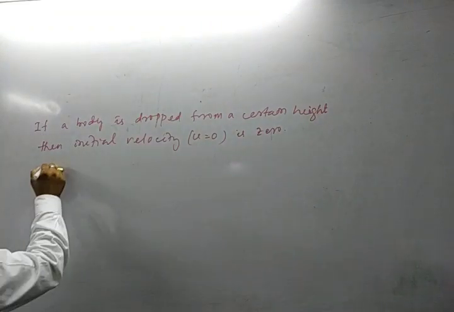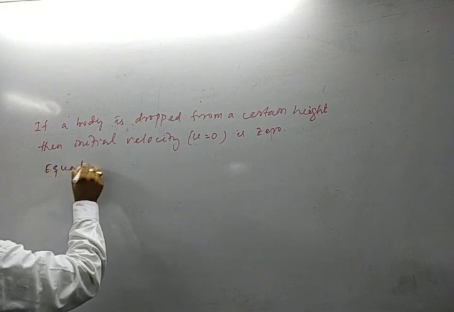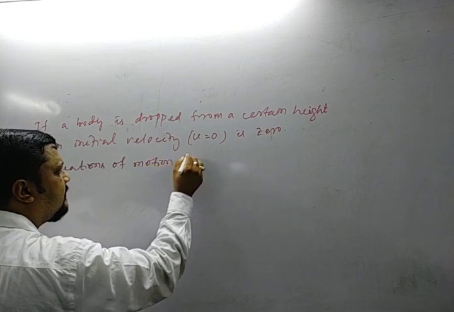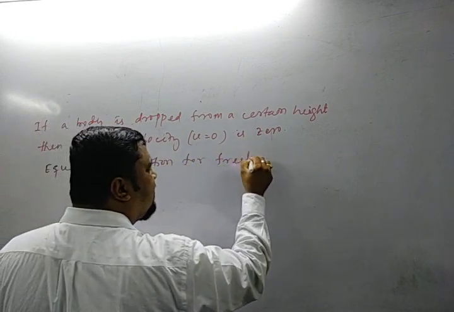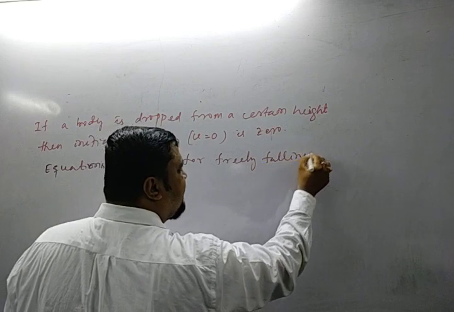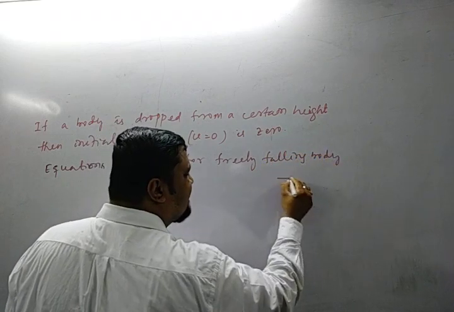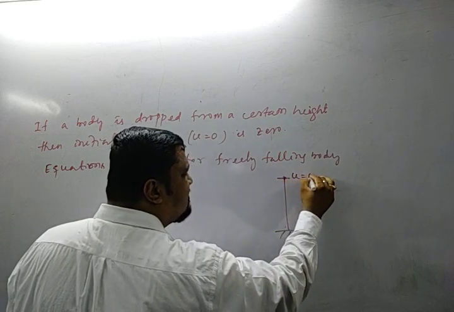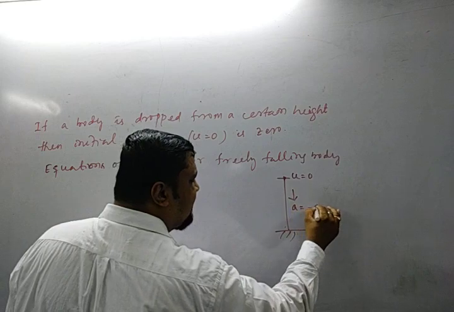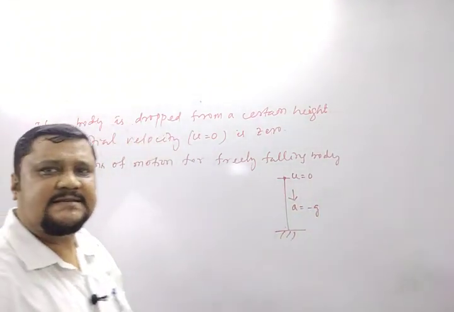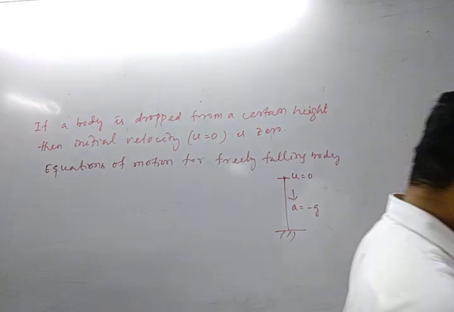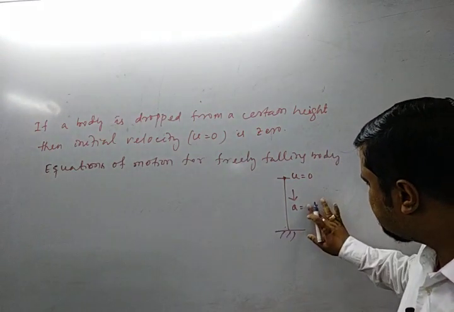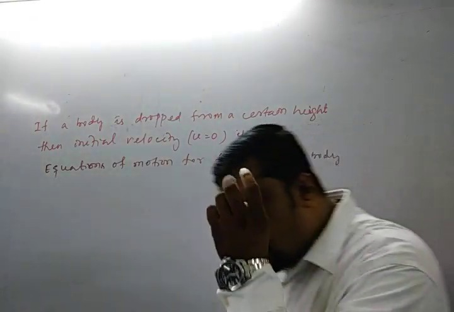For a freely falling body, the body is here and it is falling freely to the ground. Here u is equal to 0 and it is falling with acceleration equal to minus g. So what will you write here? Obviously, acceleration equal to g, or you can take minus g.